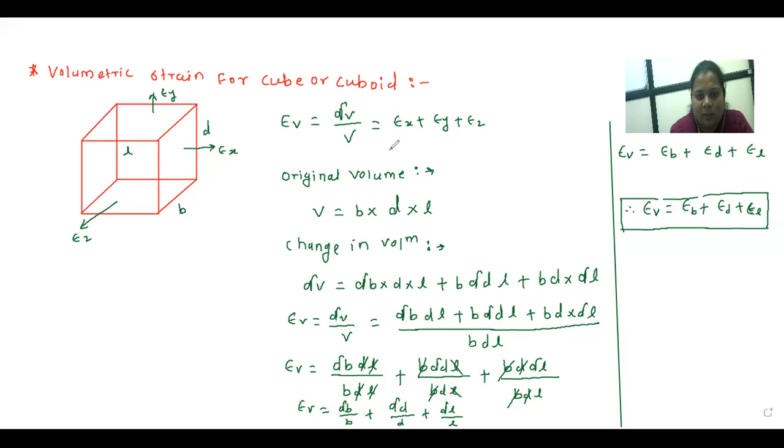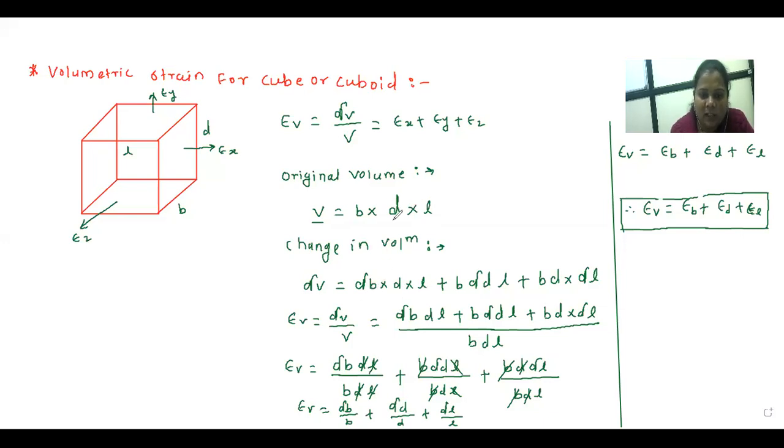Once again, I will repeat. The basic formula is epsilon V equal to del V upon V. The original volume of this cube is B into D into L. Now we have to find the change in volume. Whenever we find the change in volume, we have to take the derivative of this original volume. So the derivative of V is del V. The derivative of B is del B, with D and L as it is.